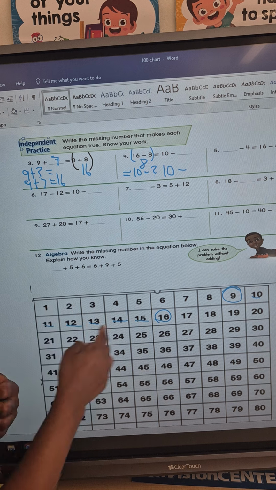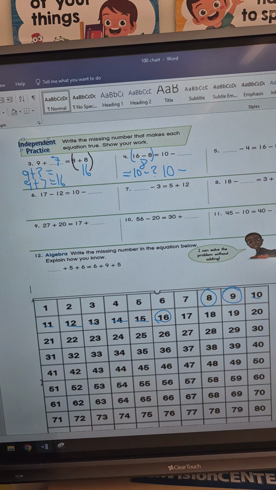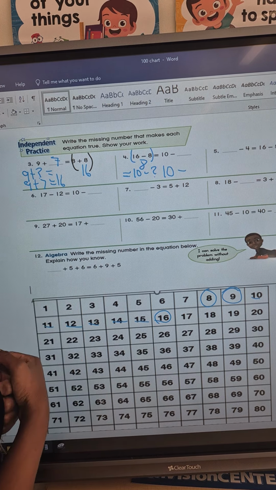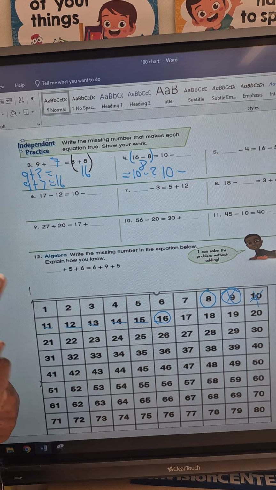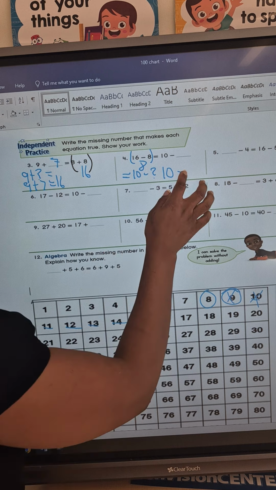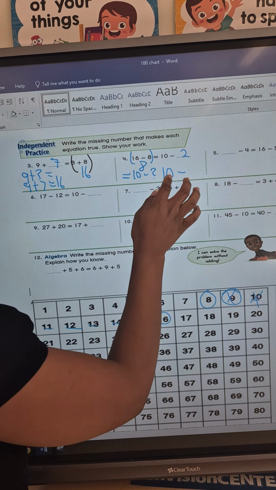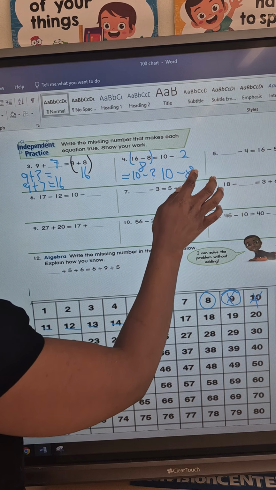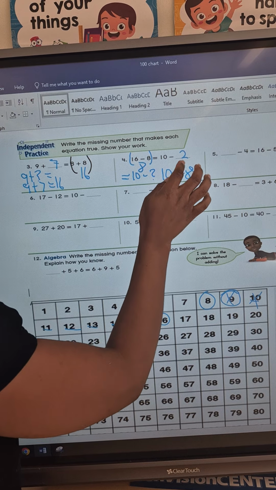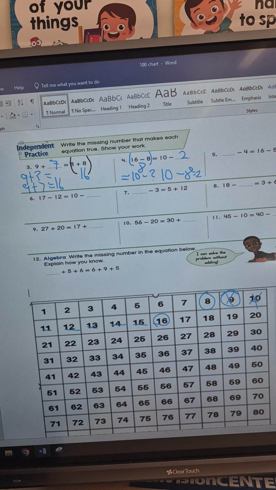So I'm going to find 8 on my number line chart. And I'm going to count to 10. 1, 2. I just counted 2 times. So the missing number here is going to be 2. So 10 minus 8 is 2. So my missing number is 2.